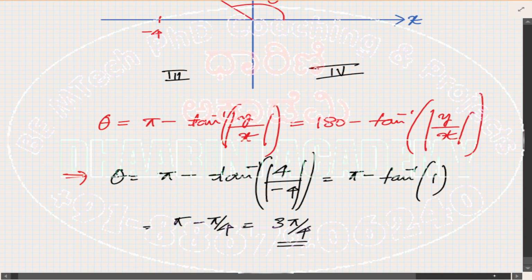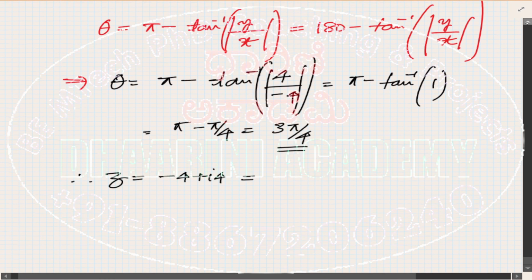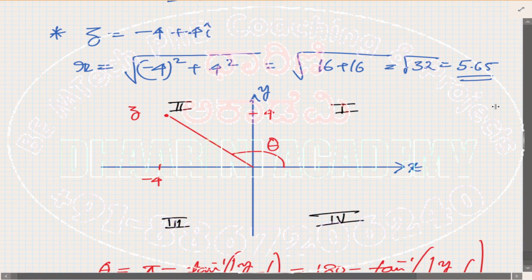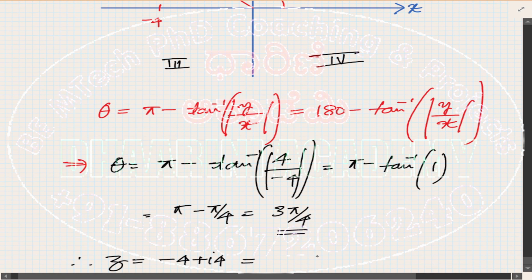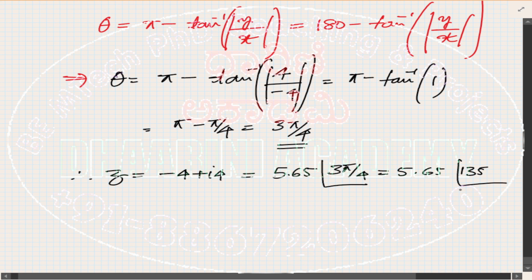Okay, so now you see the representation is as follows. Therefore z is equal to minus 4 plus i4, which is also equal to, what was the value? 5 point something, 5.65, yes, correct. So this is also equal to 5.65 at an angle 3 pi by 4 in radians, or it is also equal to 5.65 at an angle 135 degrees.